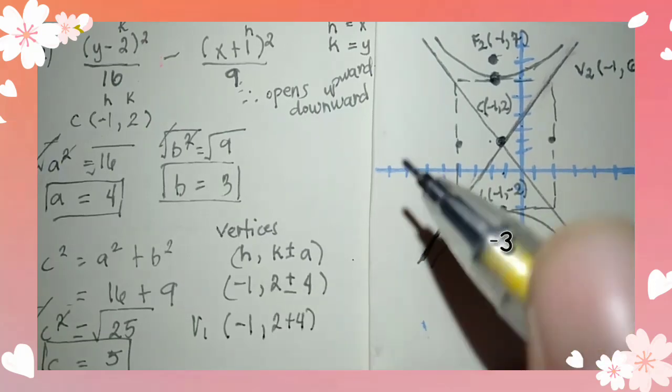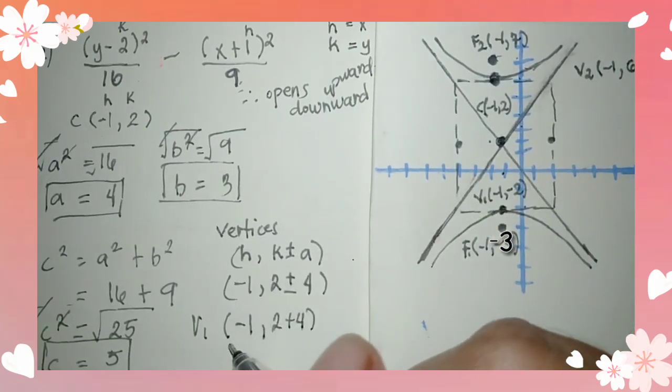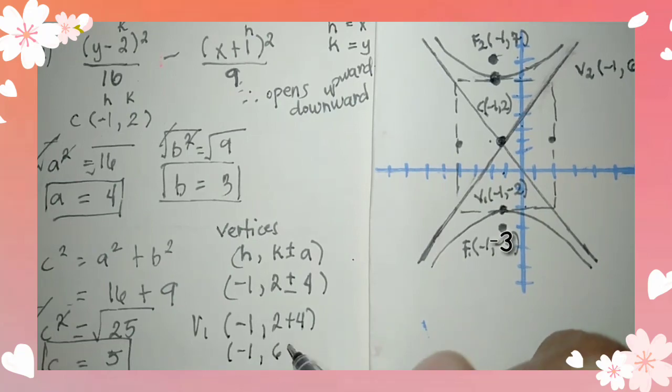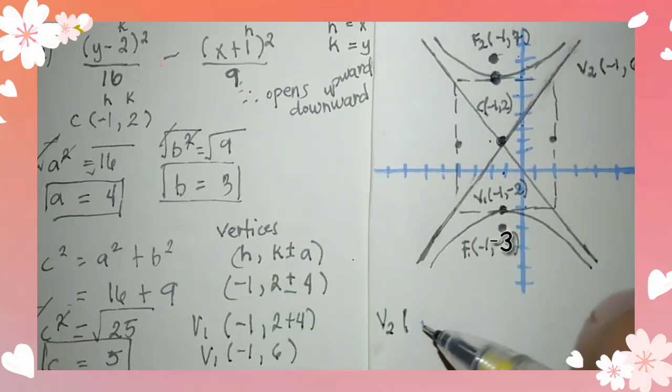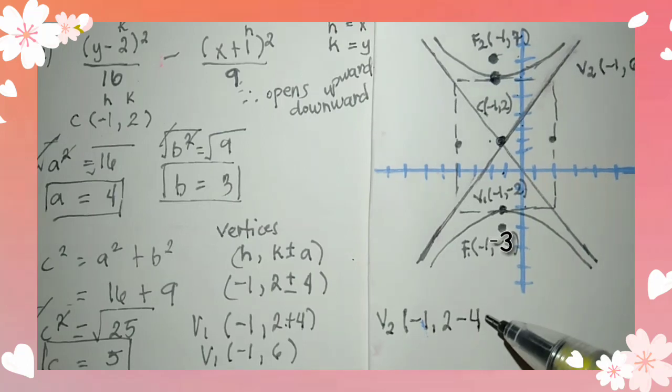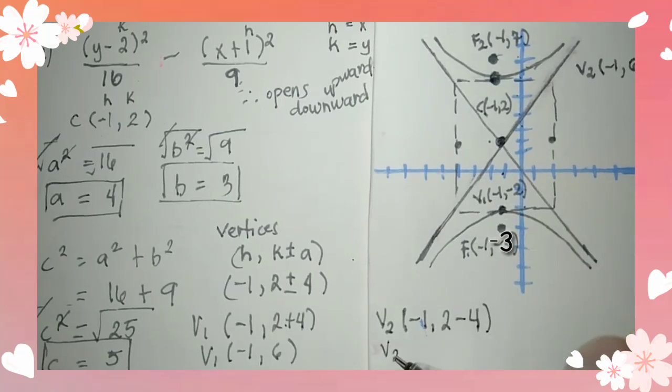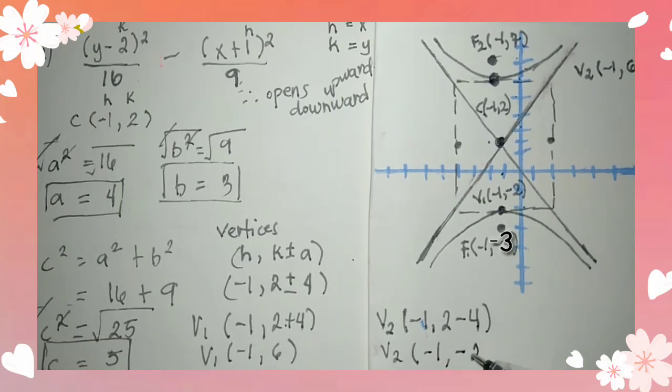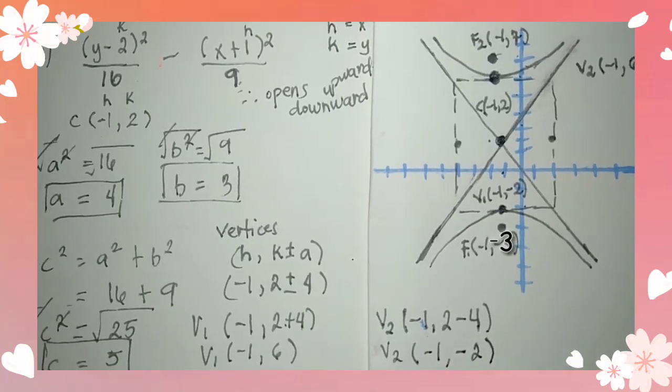Paghiwalayin lang natin. We have negative 1 and 6. Ayan yung vertex 1 natin. Vertex 2, we have negative 1 and 2 minus 4. Pinaghiwalayin natin yung positive and negative 4. So, we have vertex 2 at negative 1 and negative 2.